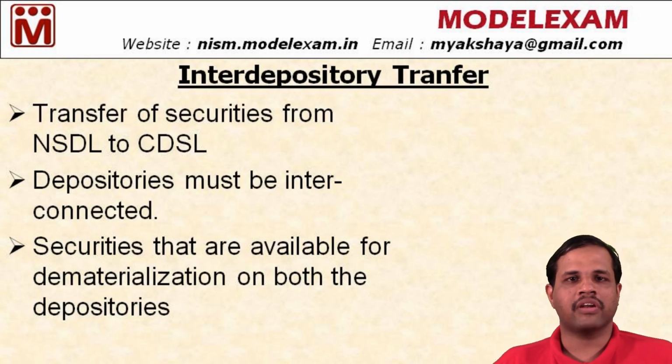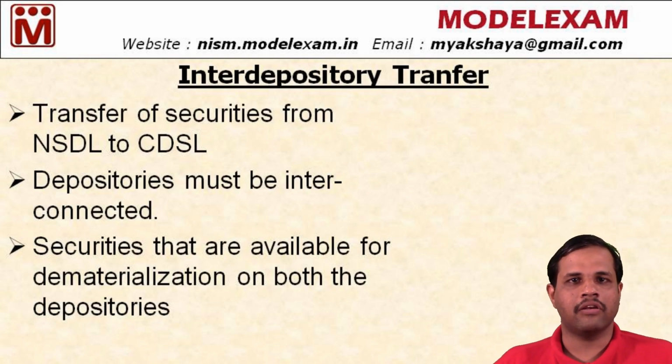But there are certain shares which can only be bought and sold in NSE, and certain shares which can only be bought and sold in BSE. Such shares cannot be sold in NSE, and such shares cannot be bought in NSE also.